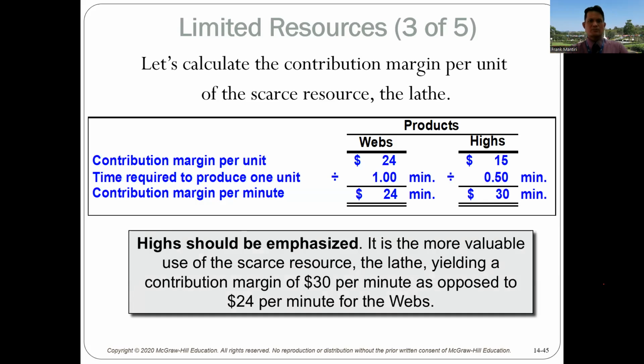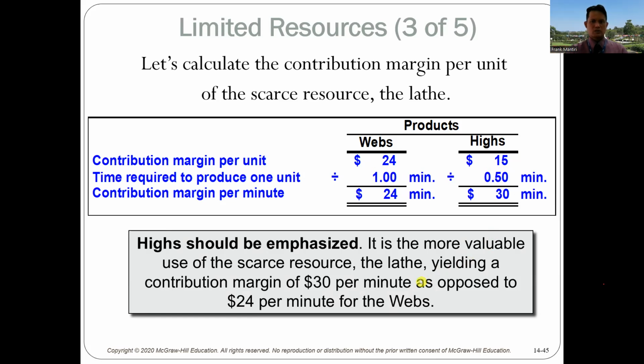So the contribution margin per unit is $24 for webs and $15 for highs, in dollars. And the time required to produce one unit is 1 minute per unit for webs and 0.50 minute for highs. So the contribution margin per minute will be 24 divided by 1 equals $24 for webs, and for highs it is 15 divided by 0.50 equals $30 per minute.